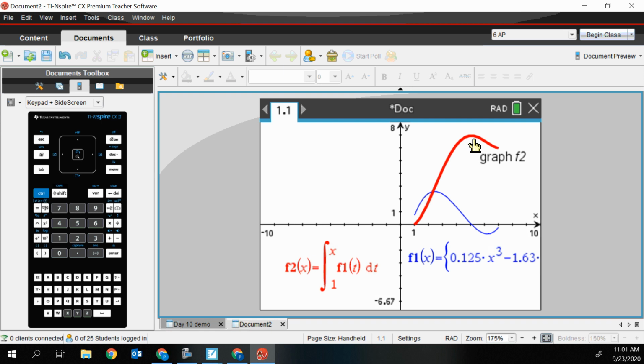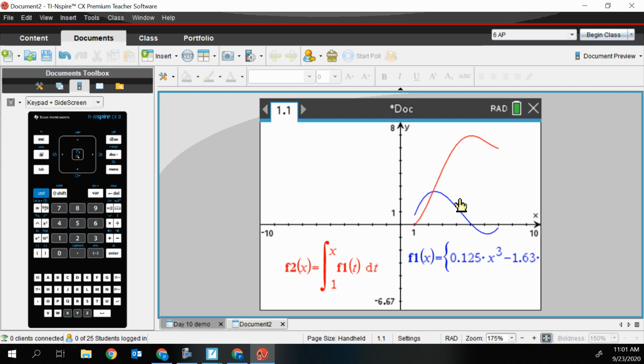And the reason for that is, think of under the blue function, you're adding positive area, you're adding positive area, you're adding positive area. And then at that value where that 0 is, then we start adding negative area. So we have accumulated less because we've now started tacking on negative area.